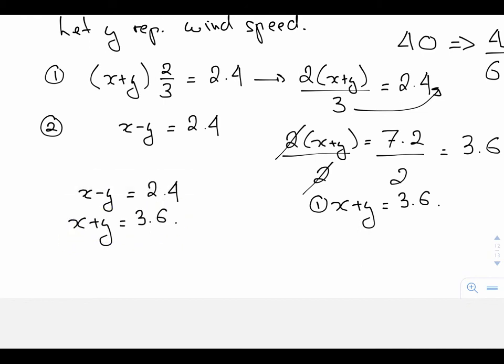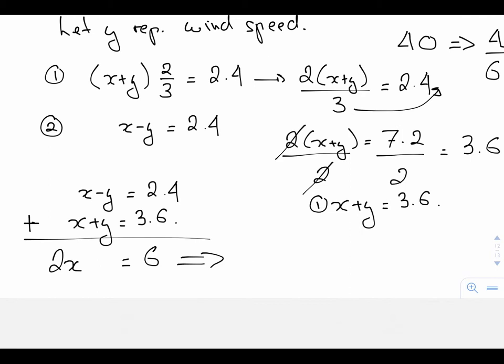I want to eliminate the y value because I have a negative and a positive y. I'm going to add the equations together. So x and x gives me 2x, the y's vanish to 0. I get 2.4 and 3.6. If I add it together, it gives me a total of 6.